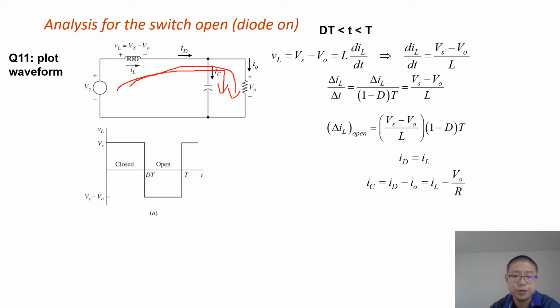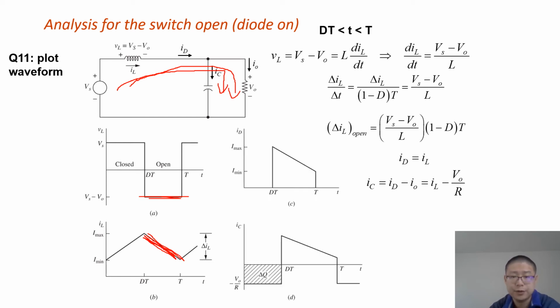During time DT to T, a negative voltage Vs minus Vo is applied on the inductor, so the inductor current should decrease during this time. And ID equals IL, so we can obtain ID. And IC equals IL minus VO over R, so we can obtain IC.